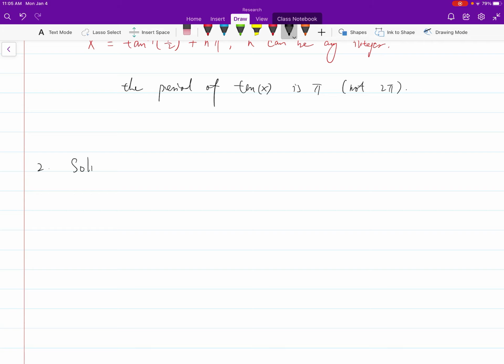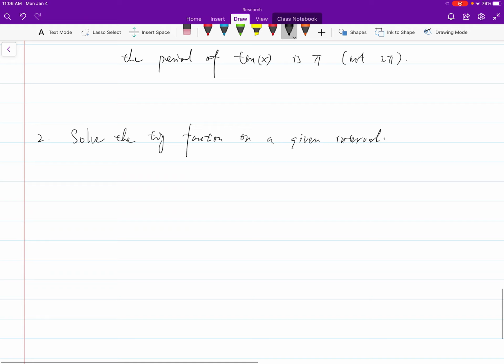Now the second one, solve the trig function on a given interval. So we'll make a little bit more requirement. Okay, that is try to solve cosine x equals negative 1/2.